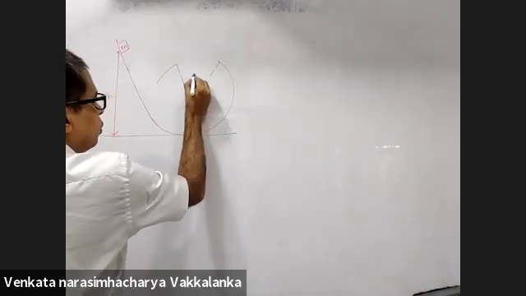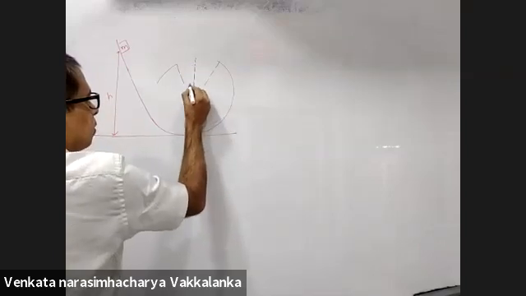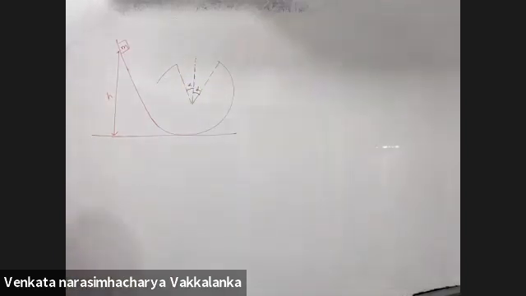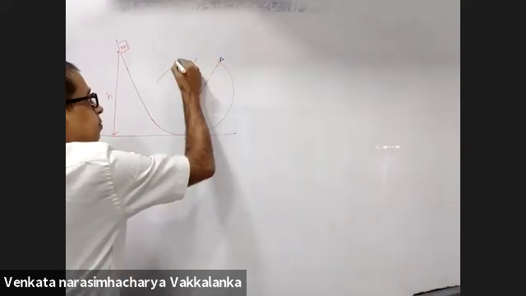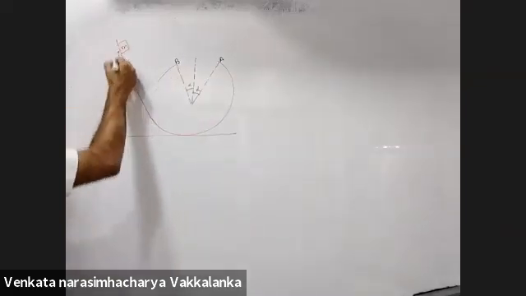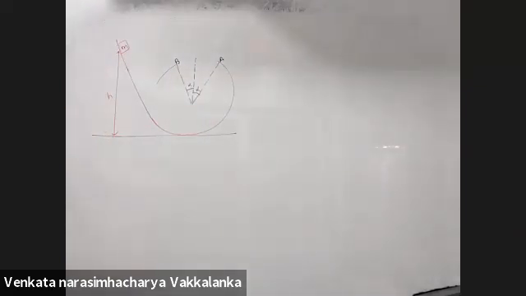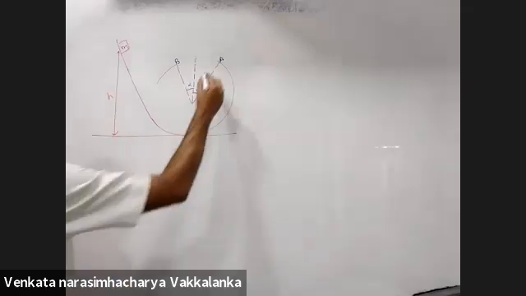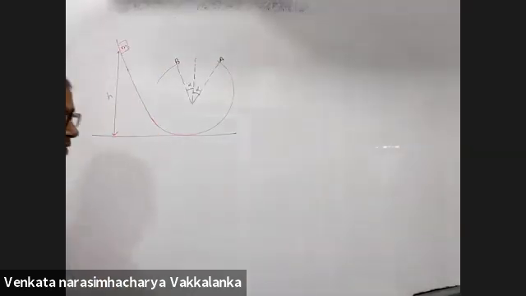You are interested to know this angle alpha and this angle alpha. Find the minimum and maximum height h from which small m would leave the surface at point A and reach point B. It should come back into the track.